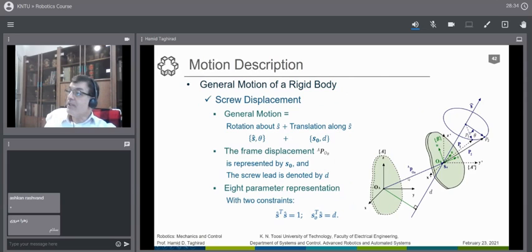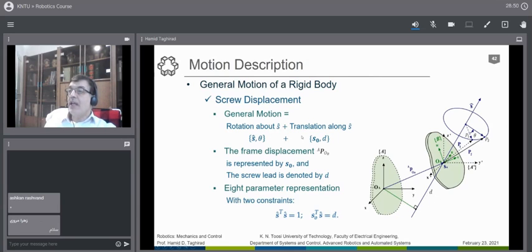The projection of S0 onto this line is called D. This is a distance that a bolt will go up in a screw, as you see in a screw form.